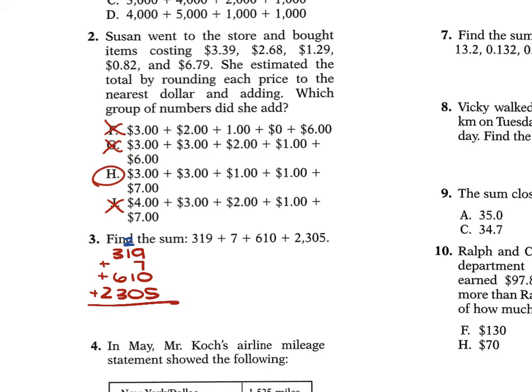So we're going to carry the 2, drop the 1 down. Then we have 2 plus 0 plus 1 plus 0, which is 4. Then we have 3 plus 0 plus 6 plus 3, so 3 plus 6 is 9, plus another 3 is 12. Carry the 1, 2 plus 1 is 3. So it's 3,241.